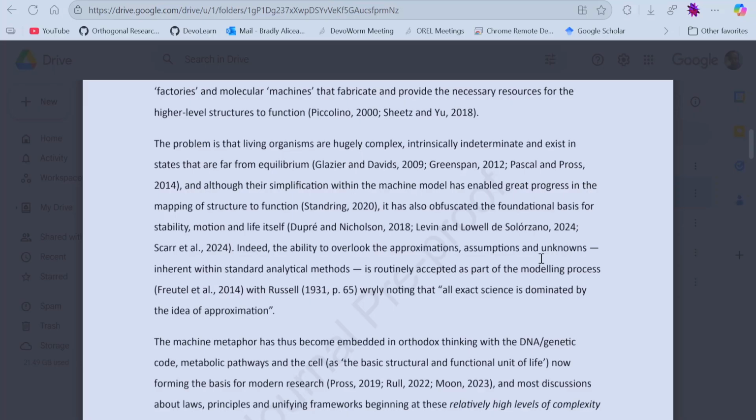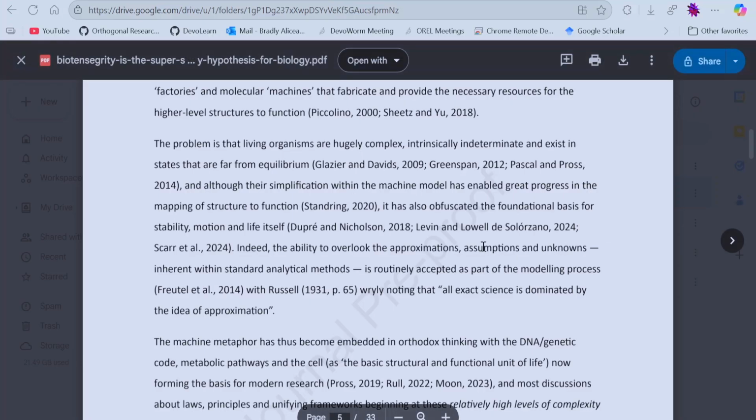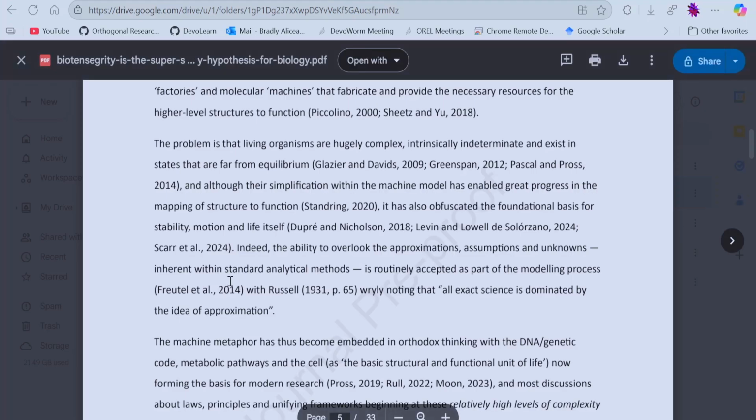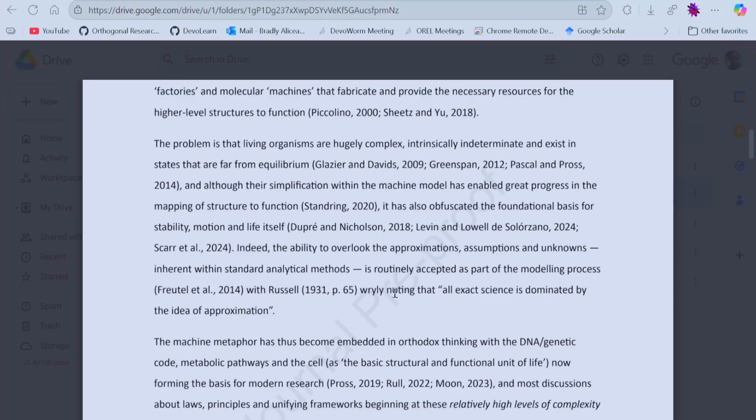And the ability to overlook the approximations, assumptions, and unknowns inherent within standard analytical methods is routinely accepted as part of the modeling process. Riley noting, or Bertrand Russell, I guess, is the source of this quote, that all exact science is dominated by the idea of approximation.